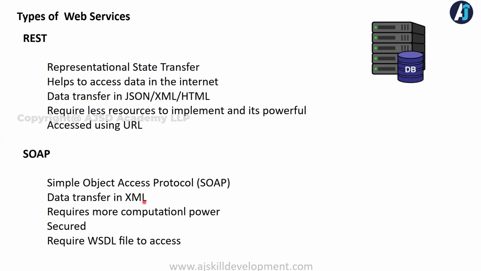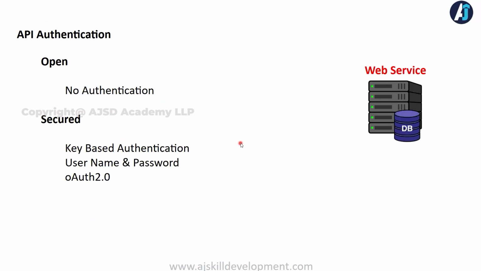Instead, all that information will be available in a file called WSDL. The WSDL file will help you access the data on the server with the help of the SOAP service. In this entire video, we are going to learn only about REST services.